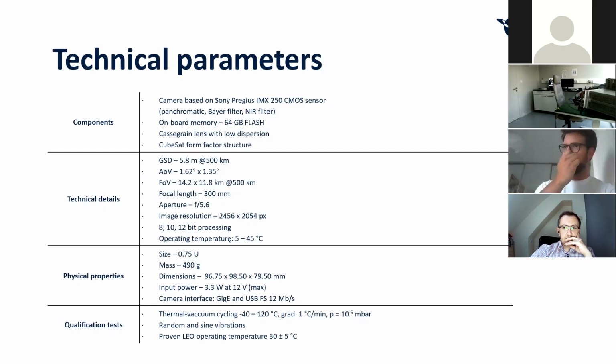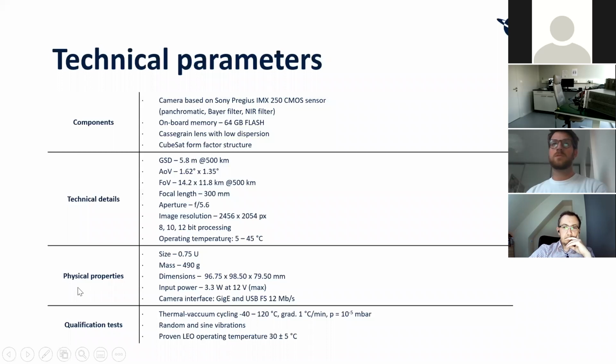Someone found a typo there, so thank you if you're here. If you're not, thank you as well. And the lens is a Cassegrain lens with low dispersion. I won't go into the details of the lens because Piotrek will tell you in detail about it.